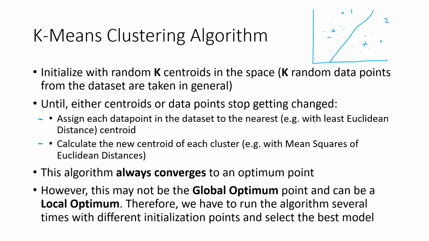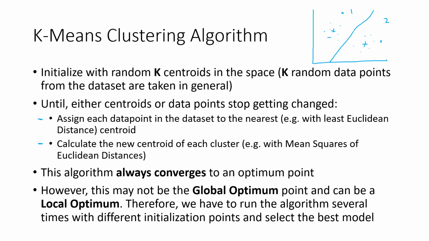Then we again assign each of the data points to the centroids, and again find the centroids of these clusters. So when the centroids are fixed or the data points are not getting allocated to other centroids, the algorithm will finish.